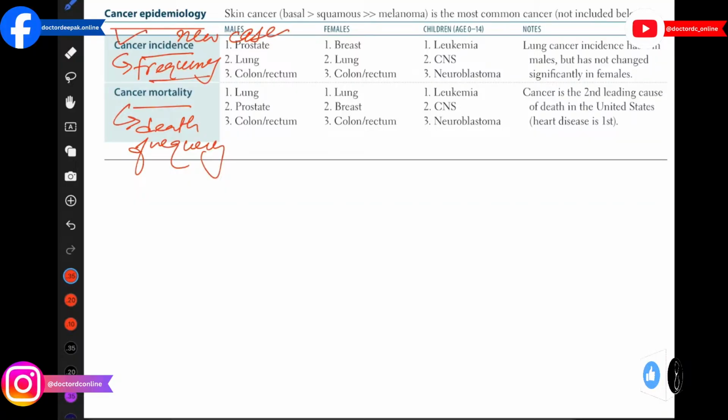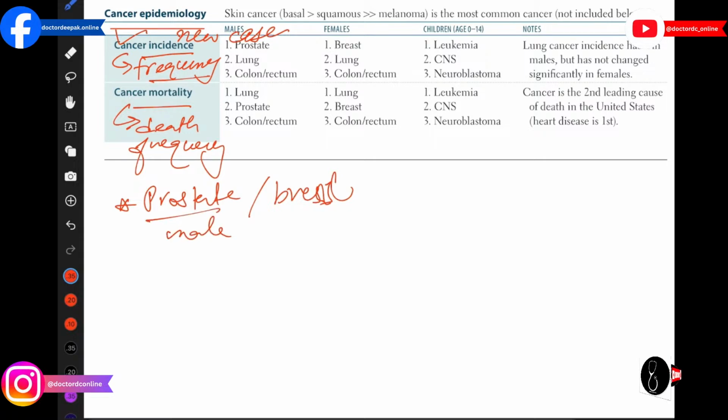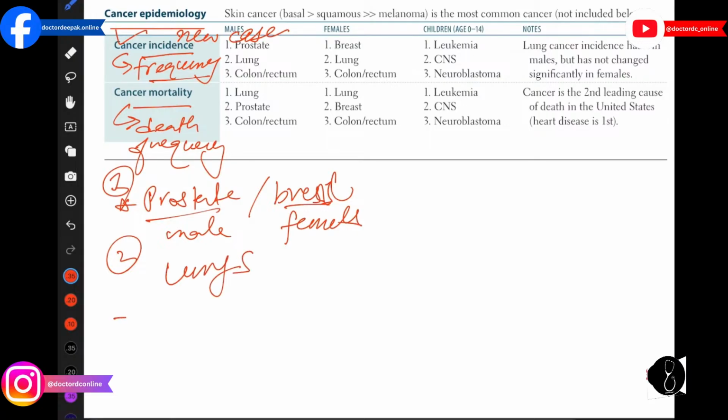First, we are talking about incidence. The most common cancers are prostate and breast: prostate in males and breast in females. But the second most common cancer by new case frequency is lung, and third is colon and rectum.